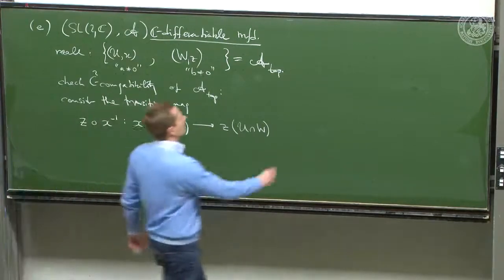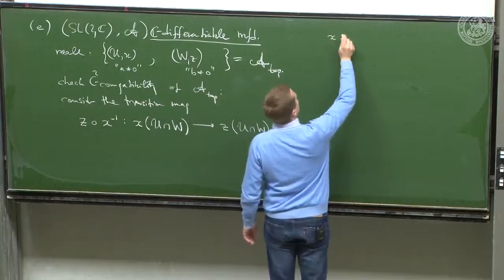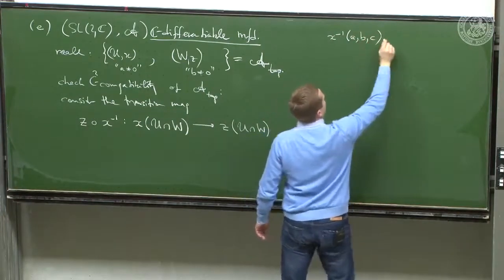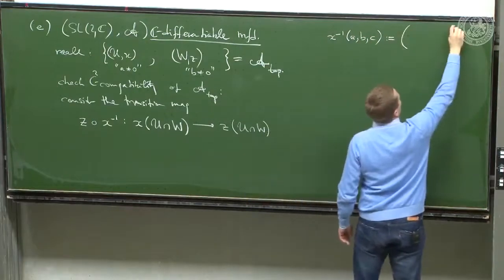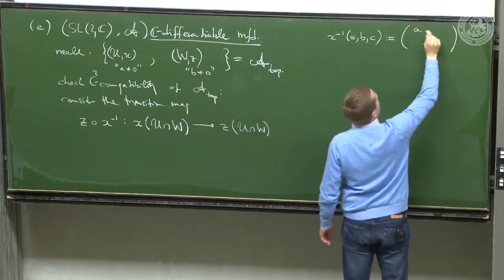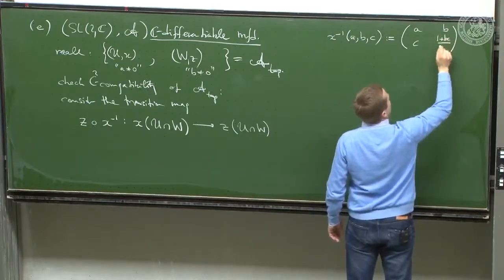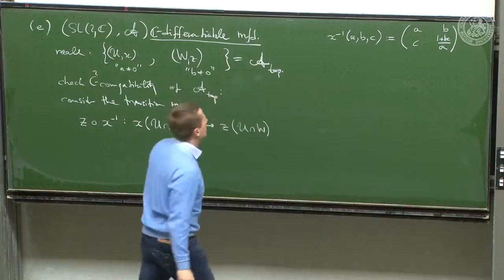I need to write down again what the X inverse was. The X inverse took ABC and reconstructed from it the point ABC, 1 plus BC by A. Was that right? That's what we wrote down, okay.